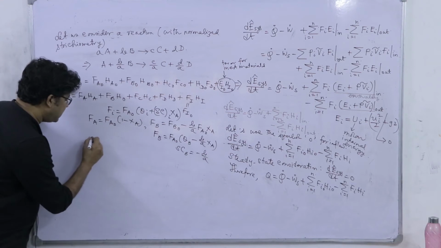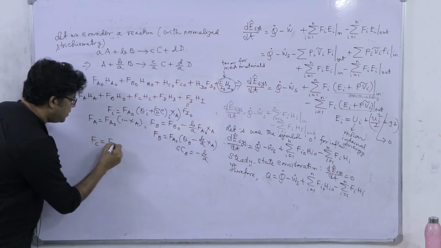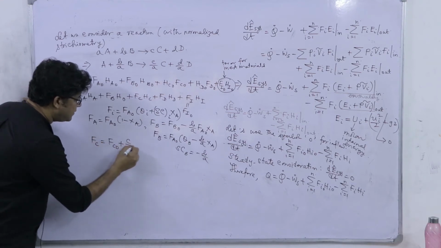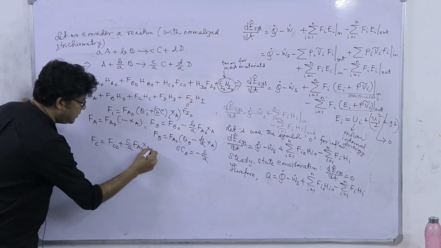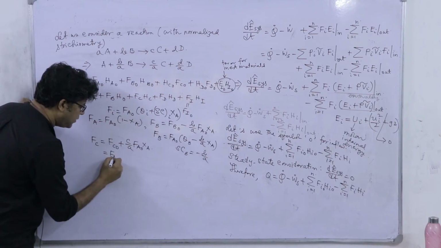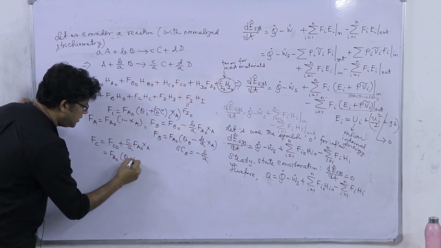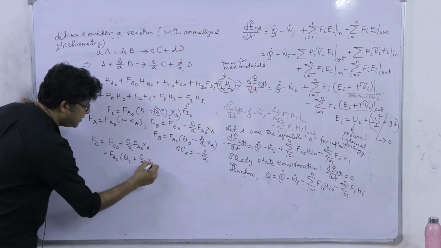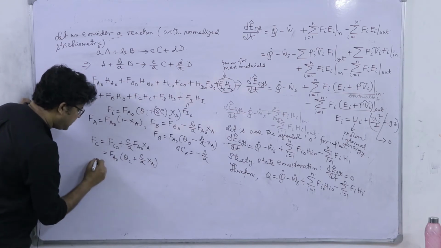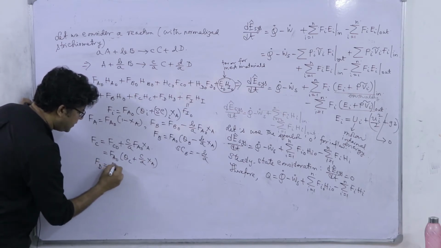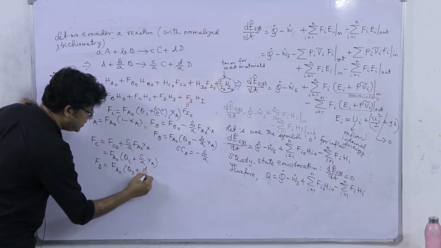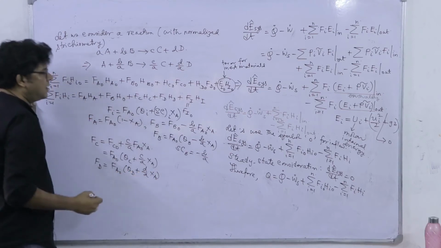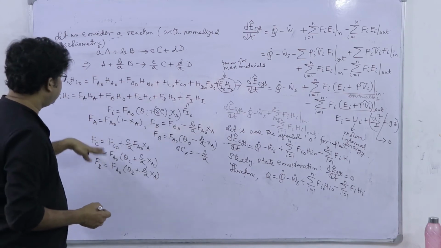Next, Fc will be equal to Fc0 plus c by a into Fa0 into Xa. So you can write it as Fa0 into theta c plus c by a Xa. And similarly, Fd is equal to Fa0 into theta d plus d by a into Xa. So, let us replace all these expressions here.